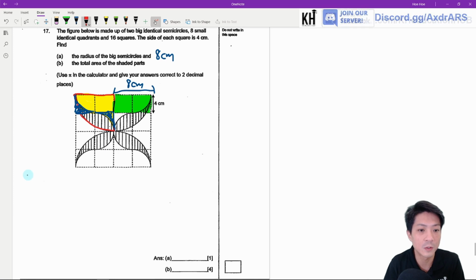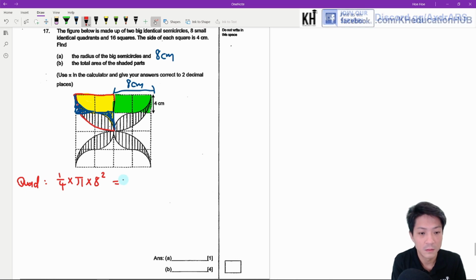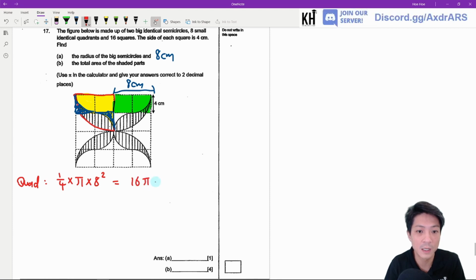The area of the quarter circle is 1/4 times pi times r squared, which will be 8 squared. I'm just gonna leave this in pi first. This is gonna give me 16 pi cm squared.